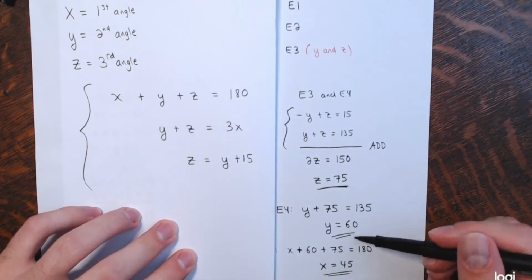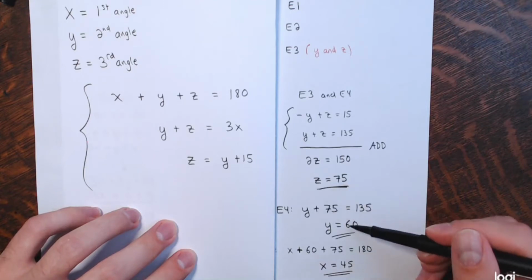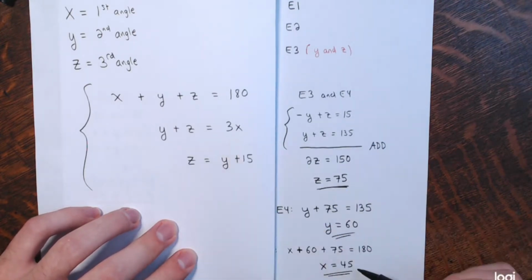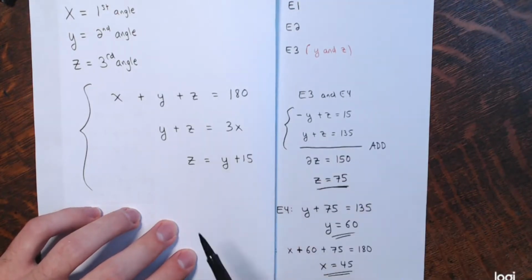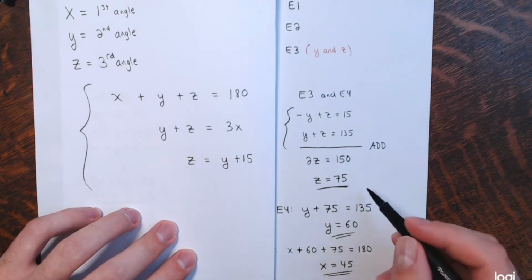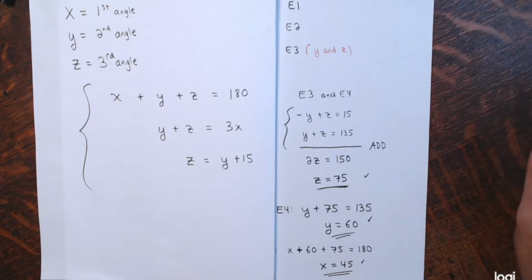Second and third add up to 105. Oh, I'm sorry. Second and third are y and z. Y and z add up to 135, and 3 times the first, 3 times 45 is also 135, so the second equation is true. And is the third angle 15 more than the second? 75 is 15 more than 60, so all three of these are true, make up the solution of this system.